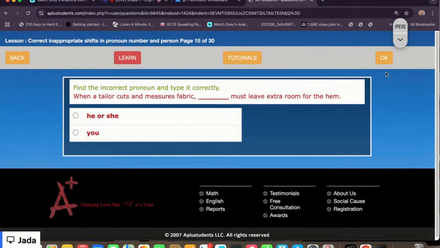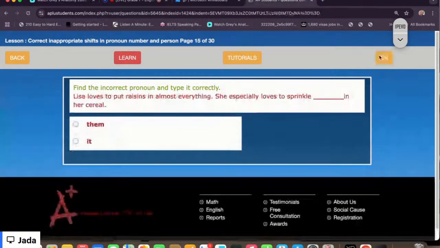So he or she must leave extra room for the hem. Okay, he or she. So yeah, Lisa loves to put raisins in almost everything. She especially loves to sprinkle dash in her cereal. So them or it. What do you think?